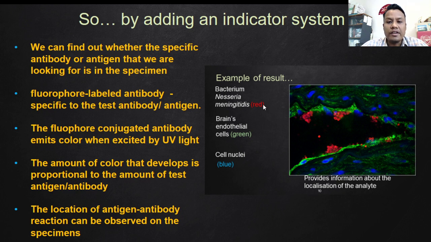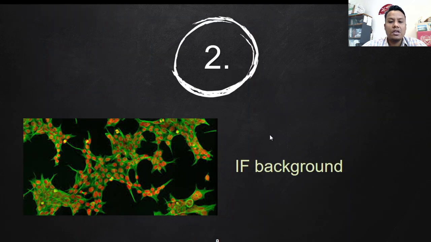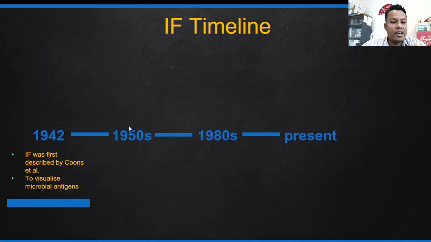So red represents the bacterium. This is what I mean by we can locate them. Green represents the brain cell. So this confirms that the specimen is brain cell. And blue represents the nuclei, cell nuclei.